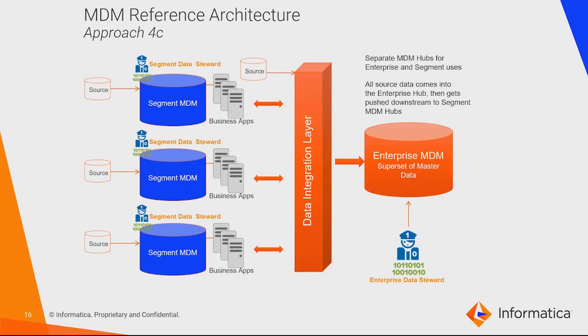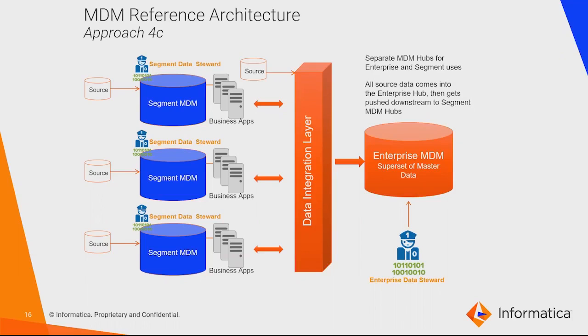As you can see, the role of enterprise MDM here reverses. The segment MDM will remain as the entry point for business unit specific data. At the end, data from all these individual MDM systems will be fed to the enterprise MDM. Enterprise MDM will merge these records and provide a golden enterprise view of a customer or vendor or material.